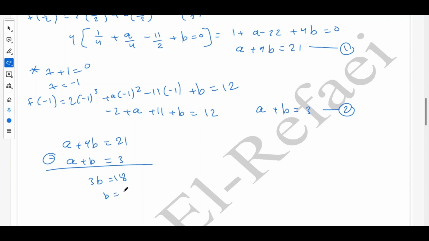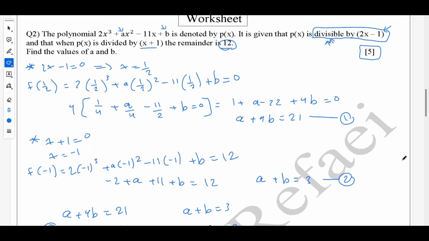So b equals 6. a plus b equals 3, a plus 6 equals 3, so a equals negative 3. I hope question number 2 is clear, students.